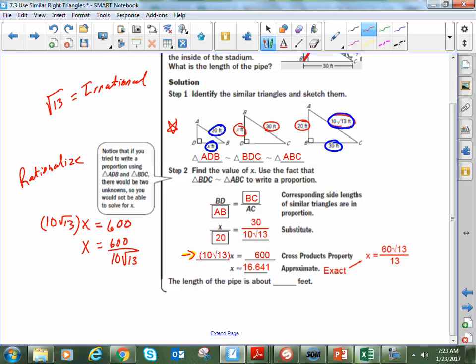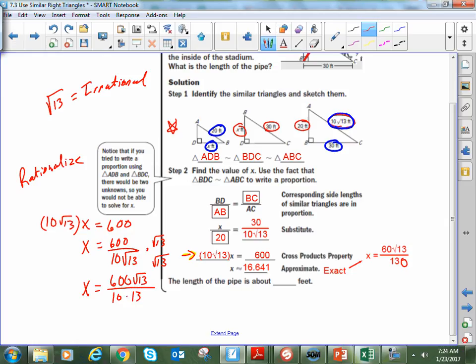So what we do is we rationalize it. The way that we do it is I'm going to take the radical value and multiply it to the numerator and the denominator in order to maintain the same ratio. If I do something to the top, I have to do the same thing to the bottom and vice versa. Now in the numerator, 600 times the square root of 13, we leave it in simplified radical form. And here we're going to say 10 times radical 13 times radical 13.